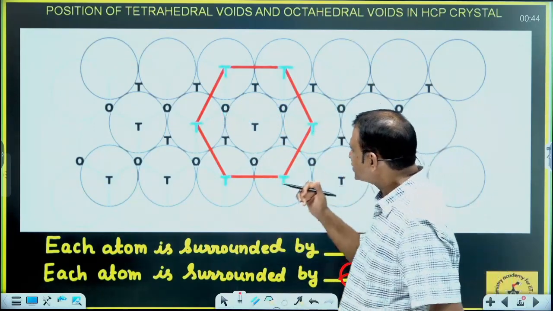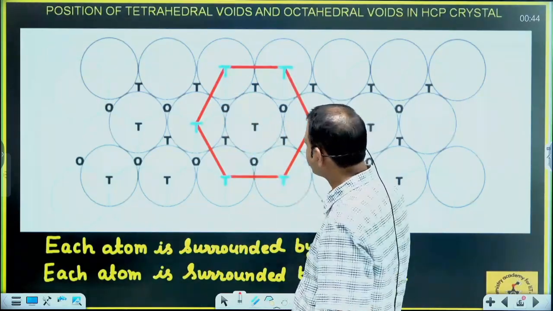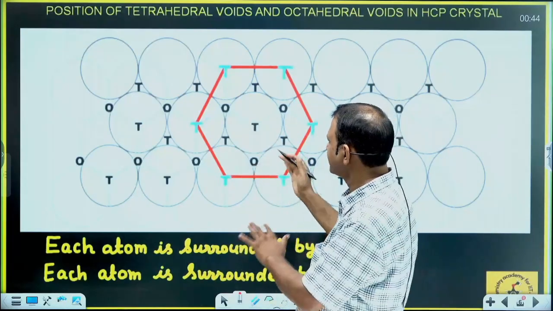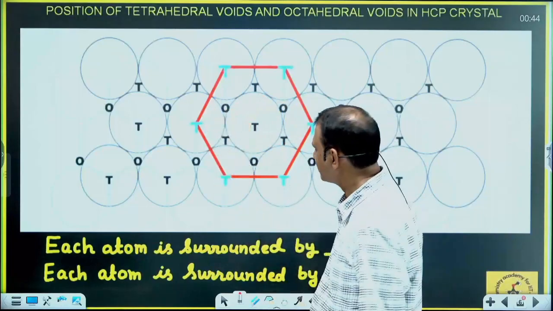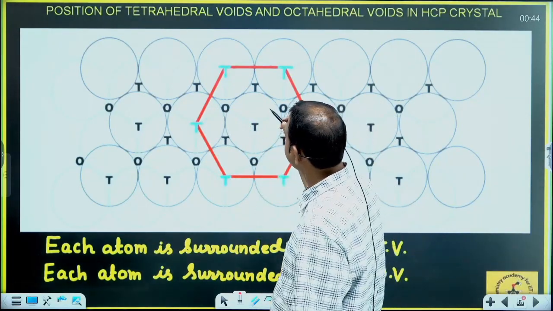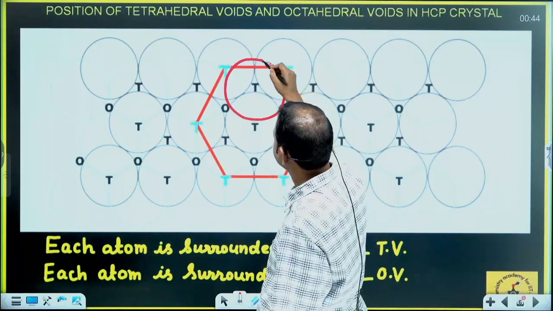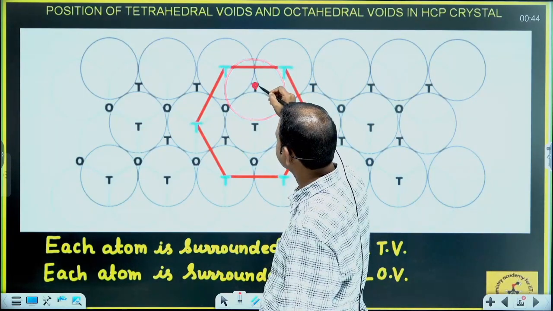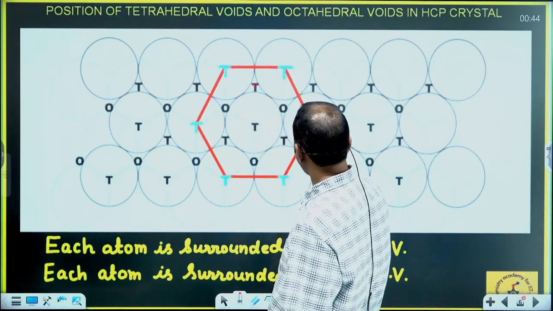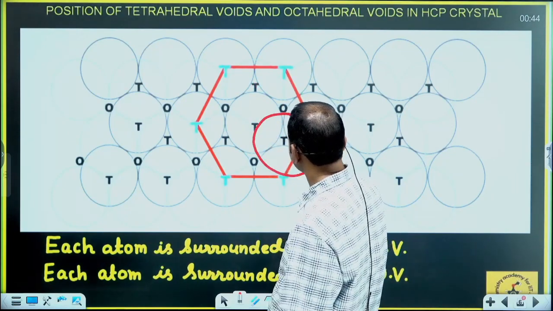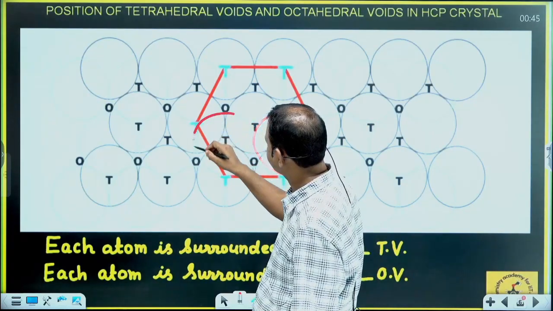The position of 3 atoms which are inside this hexagonal prism, right? We are talking about 3D. So in 2D we are looking at this hexagon, but basically we are discussing the hexagonal prism. So we are saying about these 3 atoms, the centers of these atoms are inside the hexagonal prism. One atom is this, the other atom will be this, and the third atom is this.